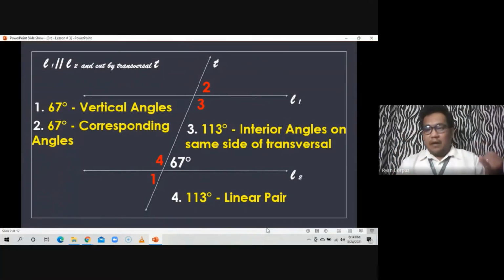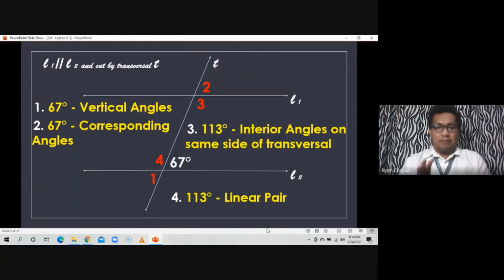While interior angles on the same side of the transversal, exterior angles on the same side of the transversal, and linear pair are all supplementary. Meaning, if you get the sum of the pairs of angles, it will be equal to 180 degrees. Hopefully you recall your discussion about parallel lines cut by a transversal.